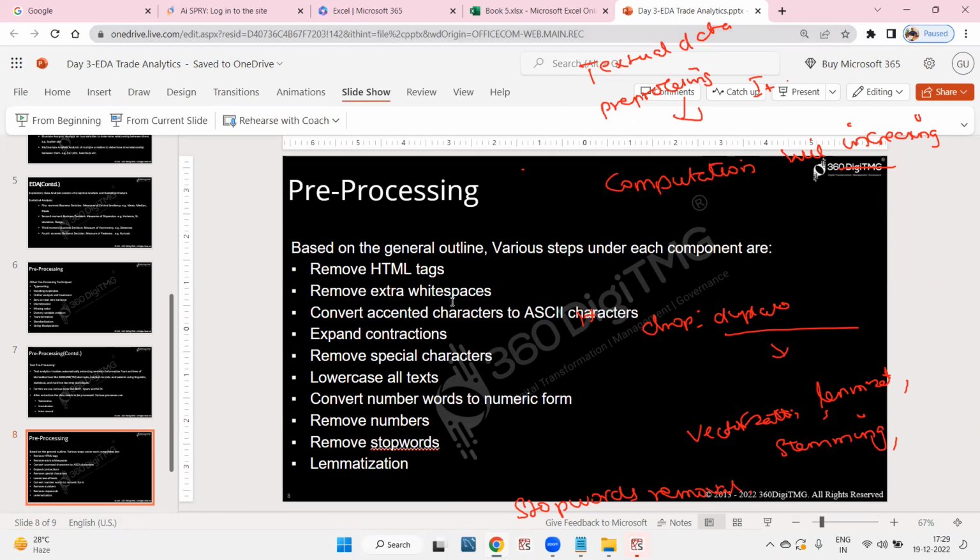Removal of white spaces is coming up. All these things we will see tomorrow. So with this, we are stopping today.